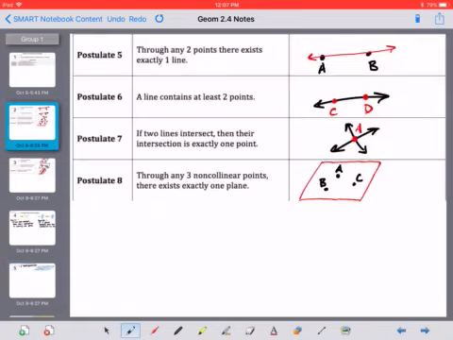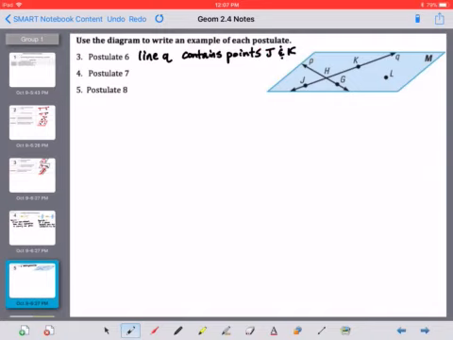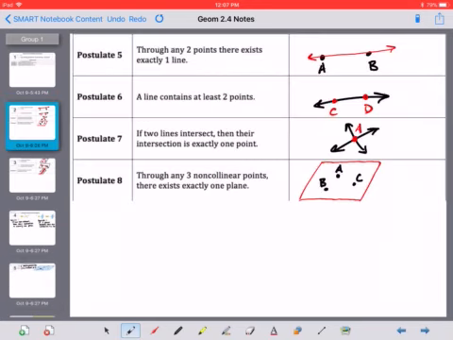Postulate 7 says if two lines intersect, then their intersection is exactly 1 point. Looks like lines P and Q do intersect at 1 point. Lines P and Q intersect at point H. So that's that point right there. And lastly, postulate 8 says through any 3 non-collinear points, there exists exactly 1 plane.